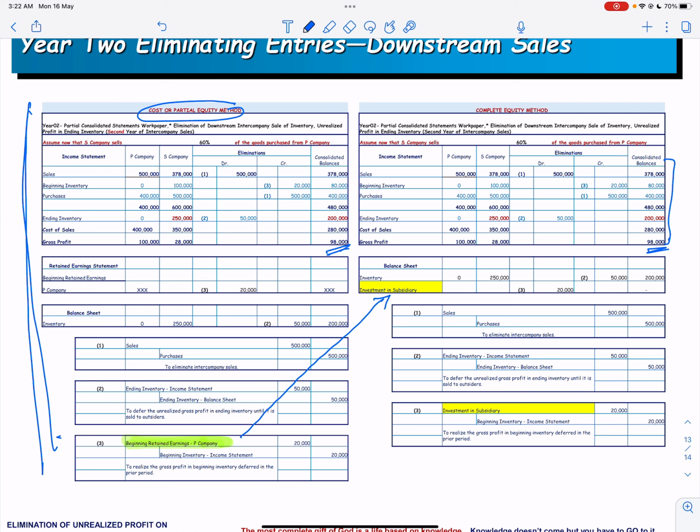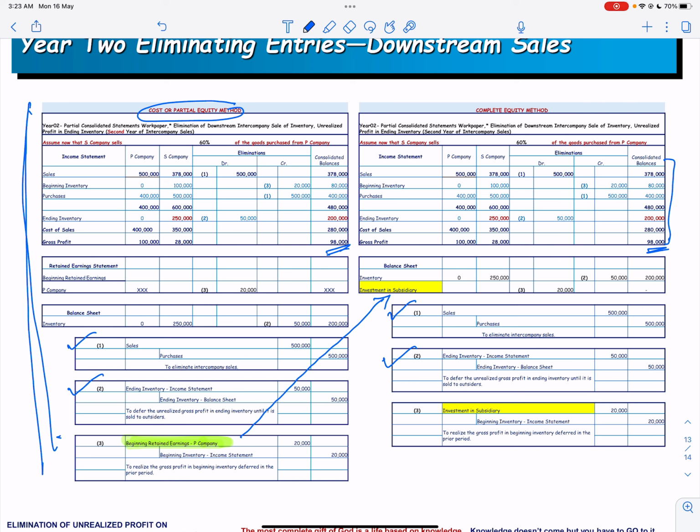But having said that, you can see that the intercompany sales and unrealized profit in ending inventory entries are the same. So for the firm using the complete equity method, the debit to beginning retained earning is not needed.